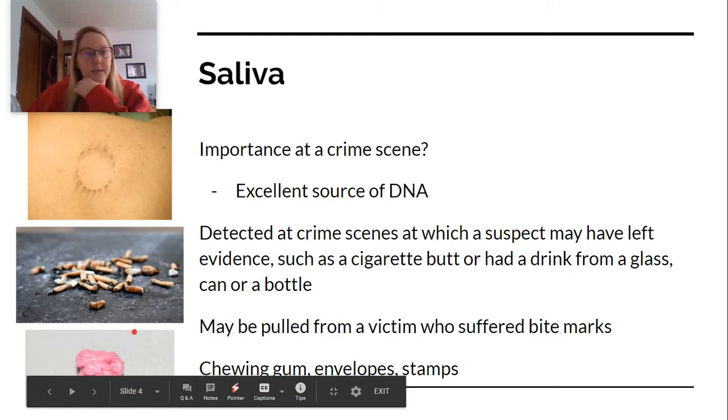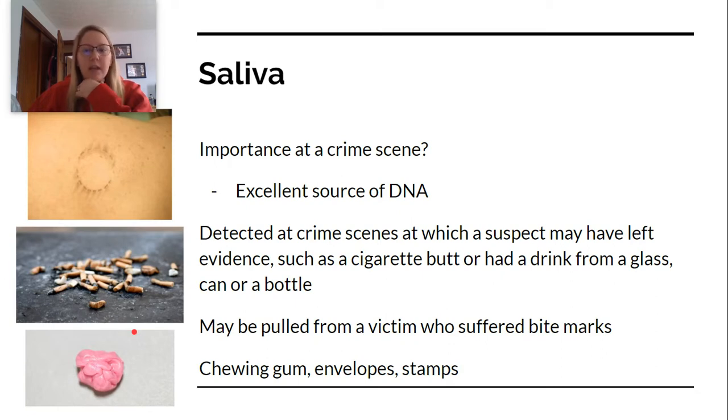Most criminals are not super smart. They will see a water bottle on the counter and fill it with water and take a sip of it. They don't think, oh, I can't take a sip of something, I can't smoke a cigarette here, I can't spit out my chewing gum because it leaves behind DNA.